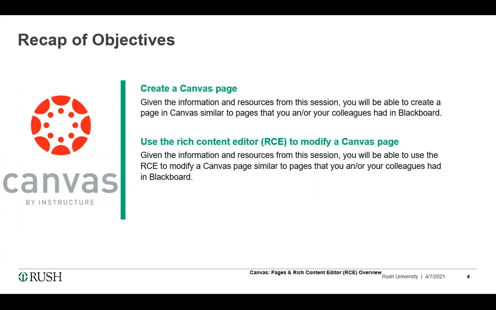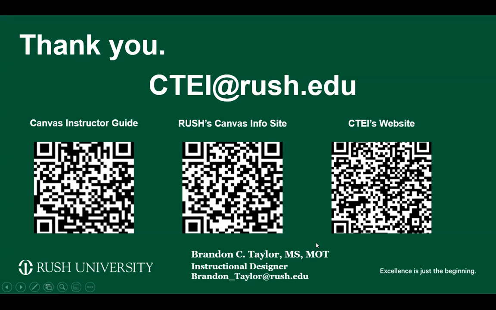So with the resources that we've shared in this session, as well as with myself and other city colleagues, you'll be able to create Canvas pages and use a rich content editor to modify Canvas pages. And so, again, I'll share these resources with you again, so you can have a chance to scan these QR codes to go to the links that I also put in the chat.